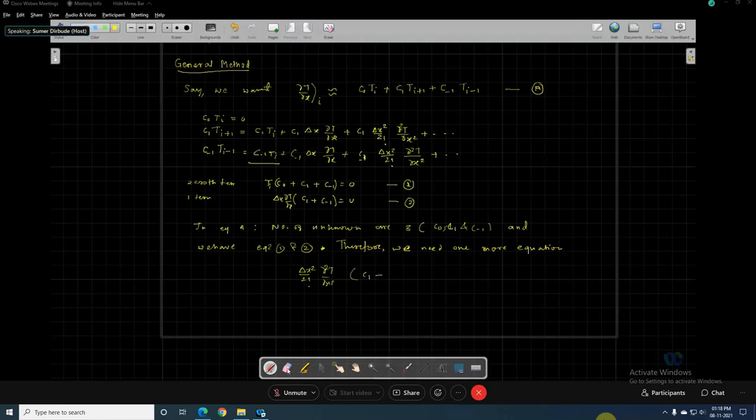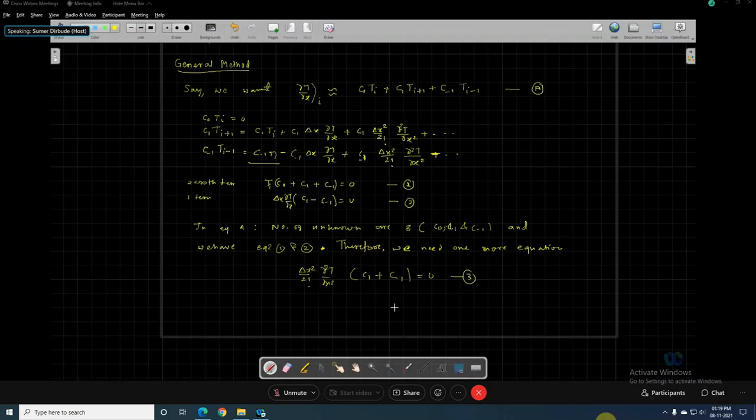Okay, here one thing is a mistake. This has to be minus because this is minus, so this has to be minus plus and then minus plus minus. So here this is minus and here this is C1 plus C minus 1 equals to 0. So we have this third equation.